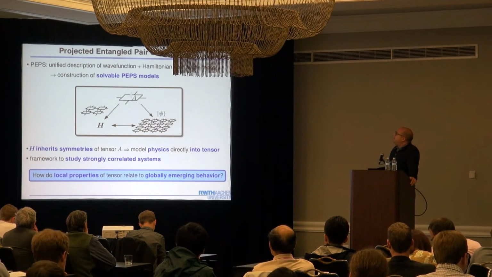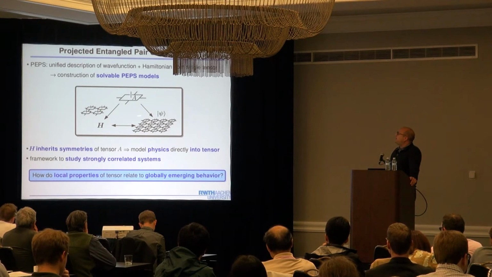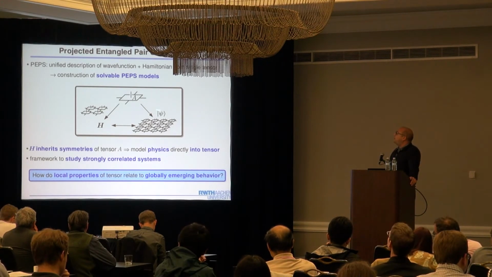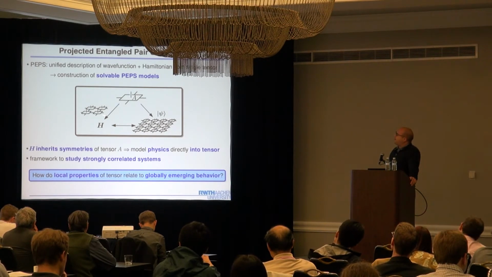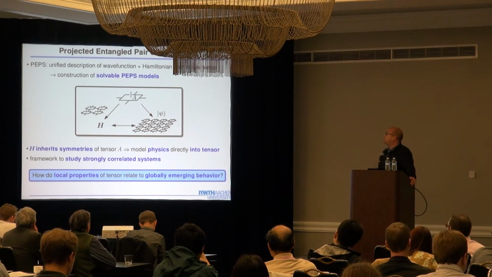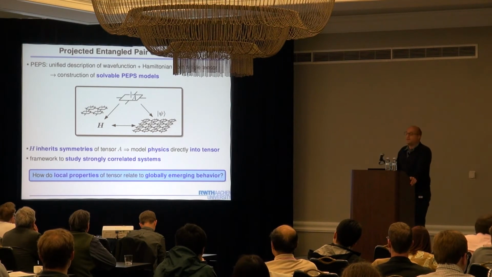And similar to an analysis where we start from a model Hamiltonian, here we want to ask the same question. If we encode a certain property into this tensor, how will it show up in the ground state, in the ground space? Which basically amounts to asking if we have a certain property in the Hamiltonian, how will it show up in the ground space, right? Because the structure of the tensor and the Hamiltonian are basically the same.